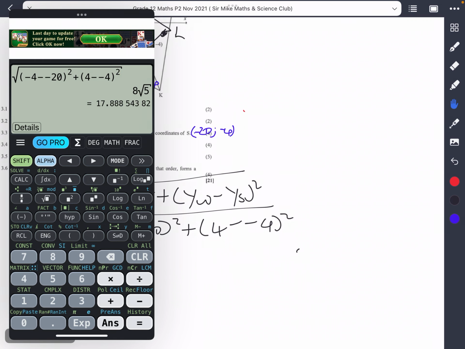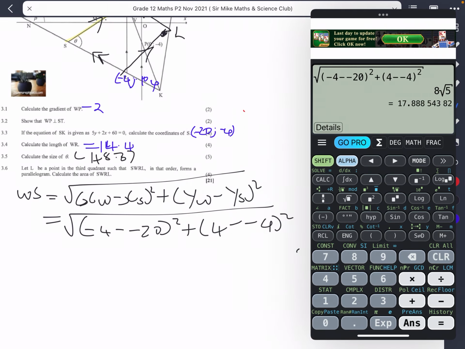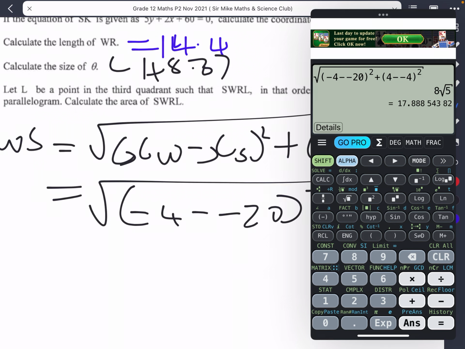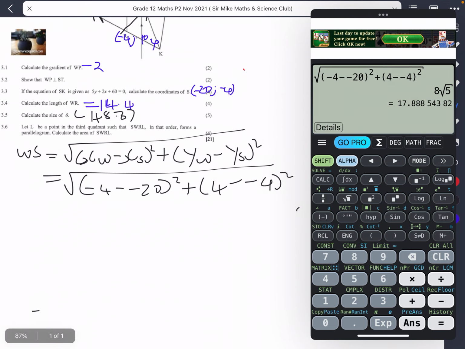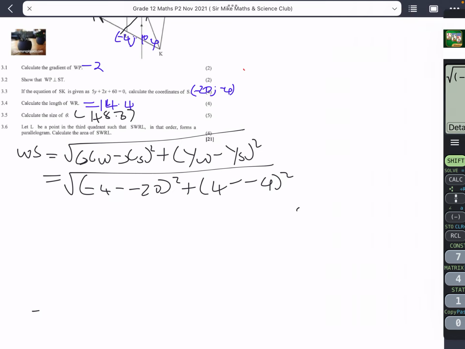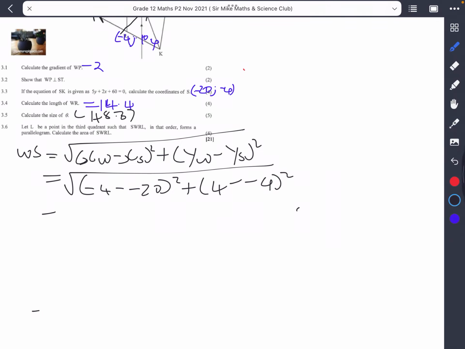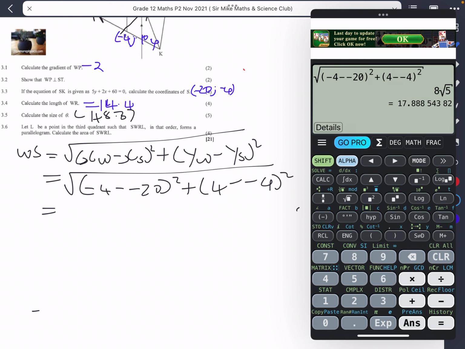So in this case, I know that length would simply be equal to 8 root 5 units.